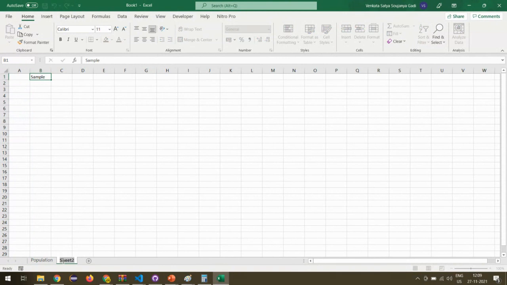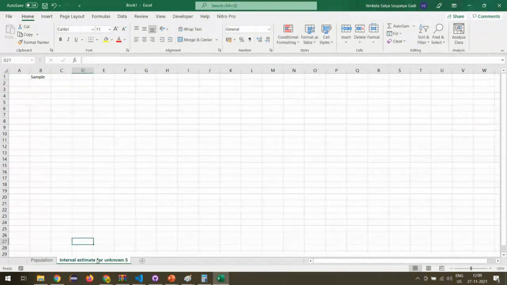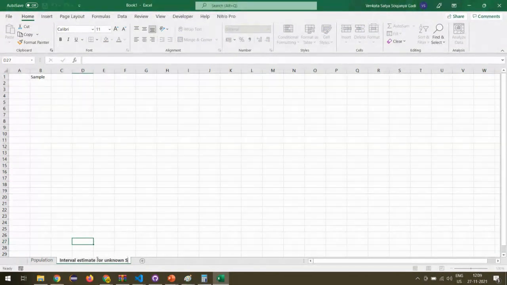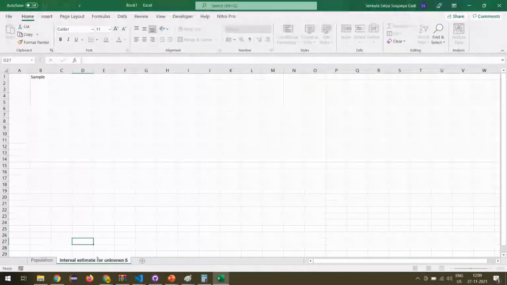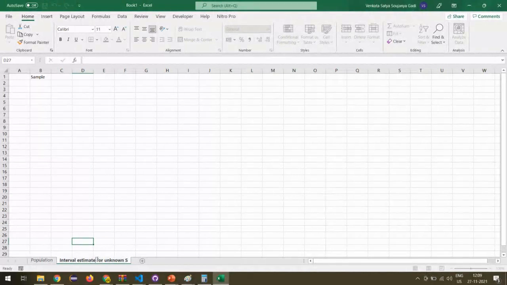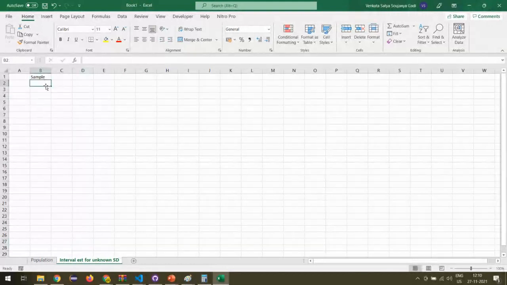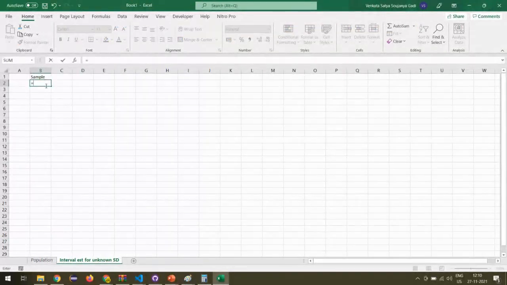Let's say we calculate a confidence, we can use the word interval estimate, for unknown standard deviation, right? Unknown standard deviation. So we'll take like 10 samples.